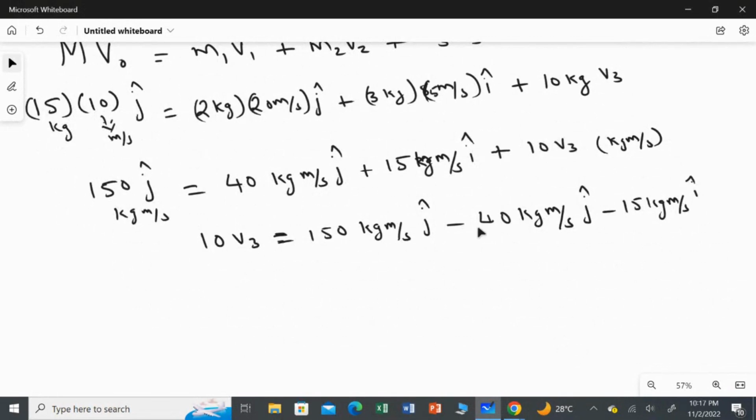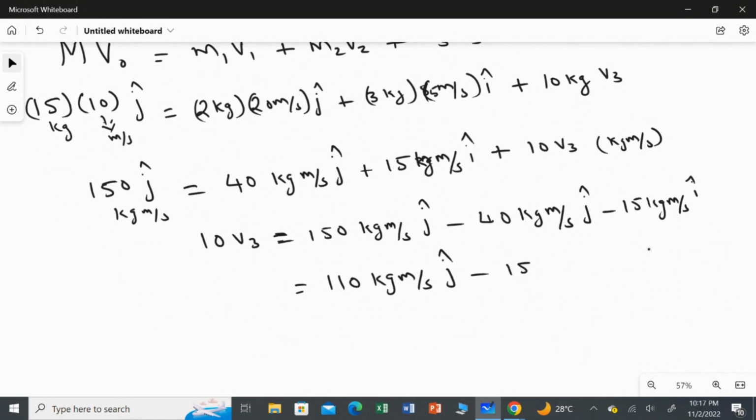So 150 minus 40 is exactly 110 kilogram meter per second j cap, and this one is minus 15.